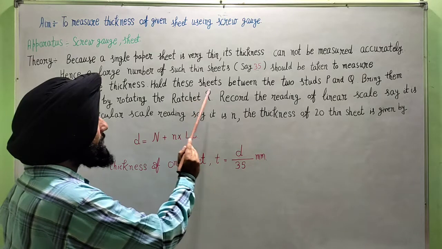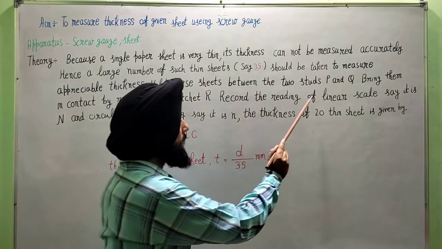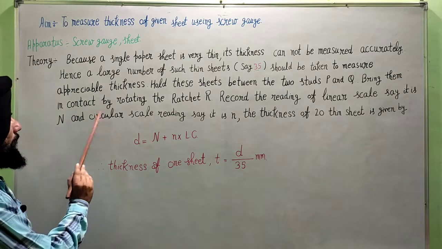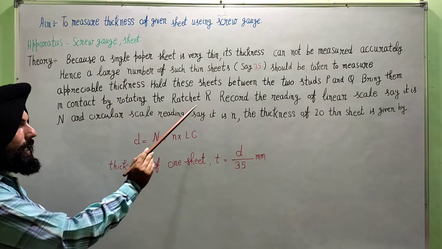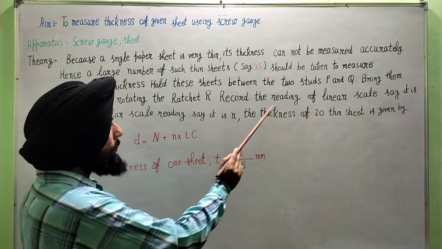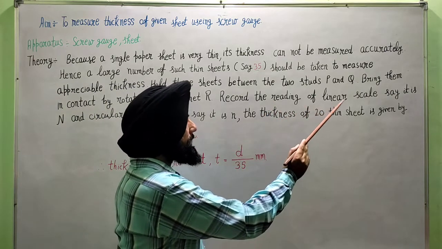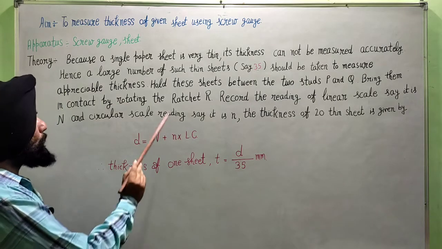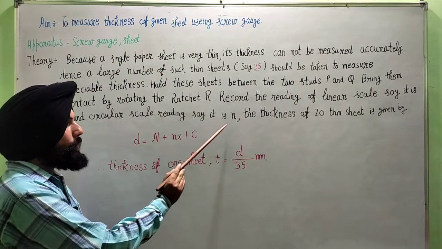Hold these sheets between the 2 studs P and Q. Bring them in contact by rotating the ratchet R. Record the reading of the linear scale, say it is capital N, and the circular scale reading, say it is small n.